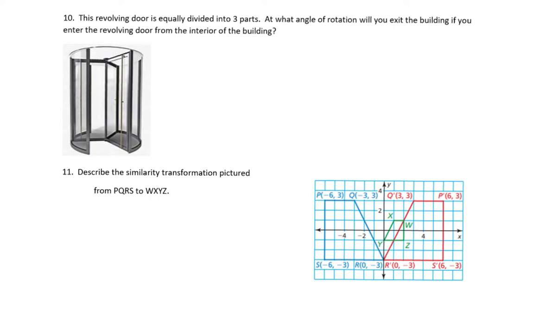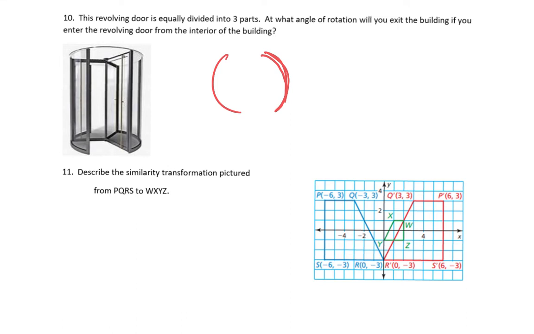Okay, so there's the right answer, and then there's the answer I think is more right. It says it's divided into 3 parts, so I'm thinking they want to talk about rotational symmetry and stuff. Probably. I would argue on this question because look at the way the door is shaped. The door is shaped like that.